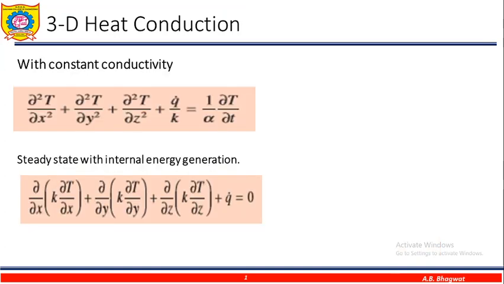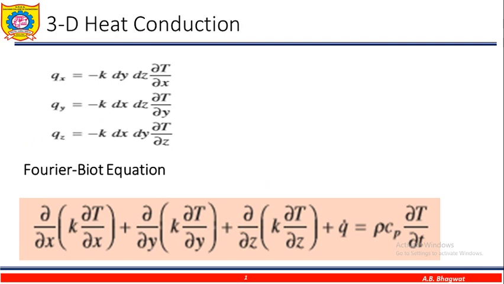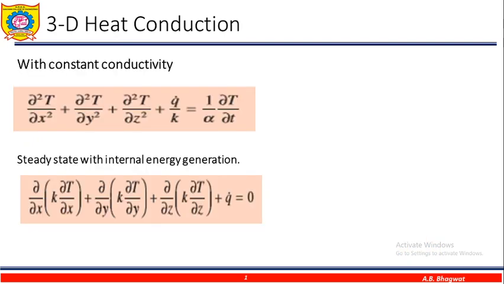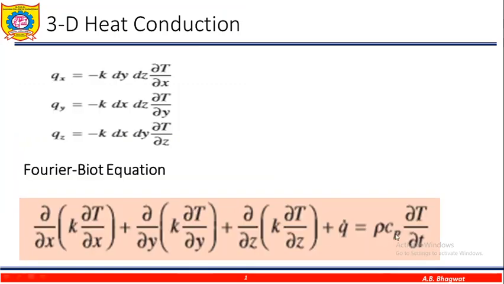Now with constant conductivity, what happens? K comes out of this bracket, so it becomes del square T by del x square plus del square T by del y square plus del square T by del z square plus q dot by k is equal to 1 by alpha. So on the right side, if I divide this by k, rho Cp by k, if I take the reciprocal of this, 1 divided by k divided by rho Cp.